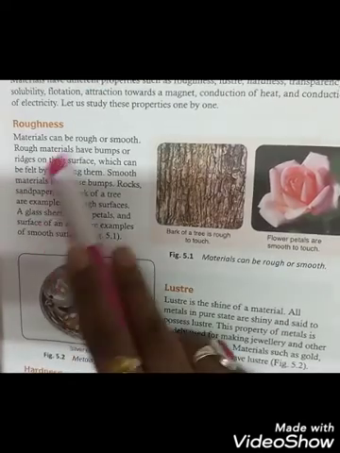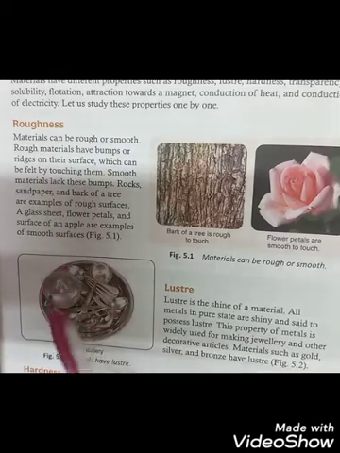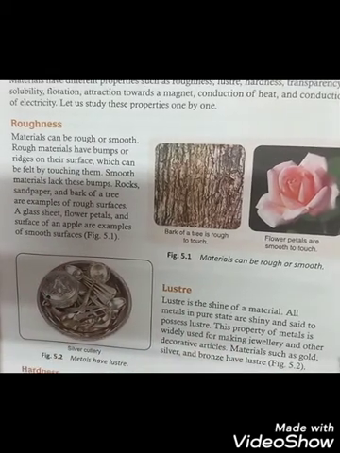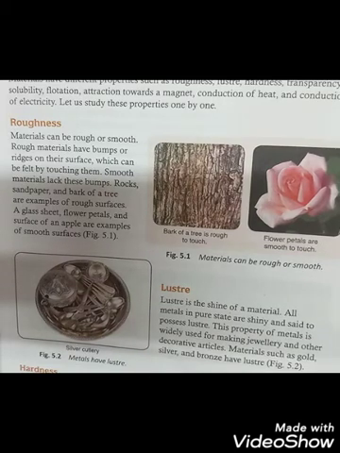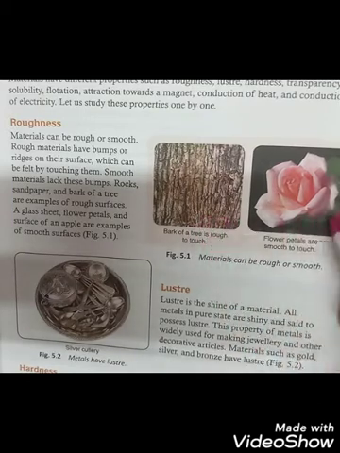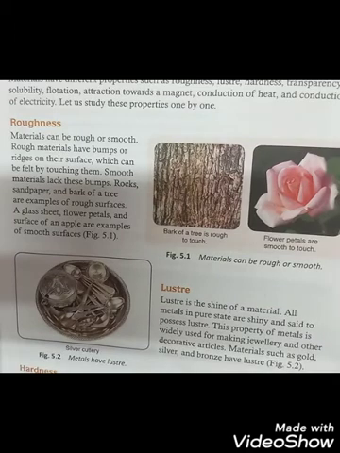The first property is roughness, and you all know materials can be rough or smooth. Some materials can have bumps or ridges on their surface, which we can feel when we touch them, and some can be very smooth without these bumps. You can see the picture of the bark of a tree, the petals of a flower, a glass sheet, and the surface of an apple.